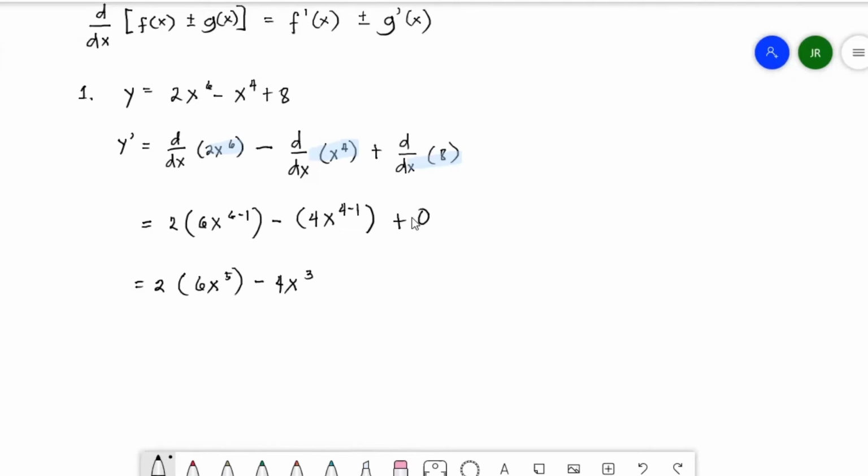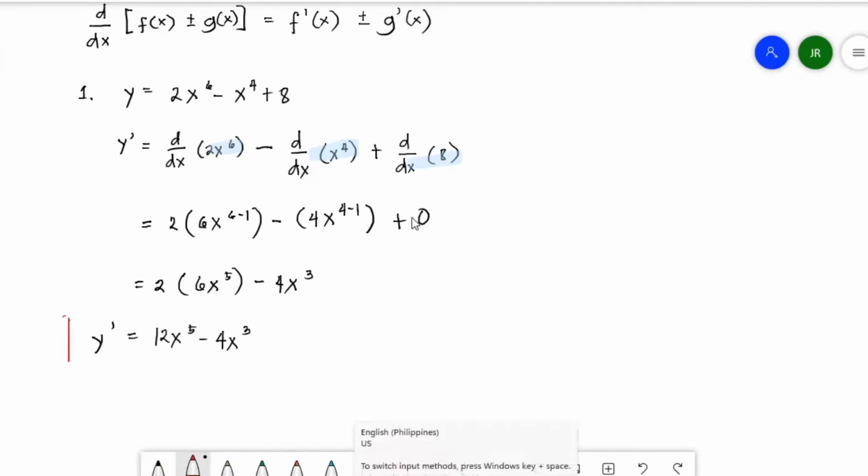This 2 multiplied by 6x to the 5th power, pwede pa nating i-simplify. 2 times 6x to the 5th is equal to 12x to the 5th power minus 4x cubed. So this is the derivative of the given function. This is our final answer.